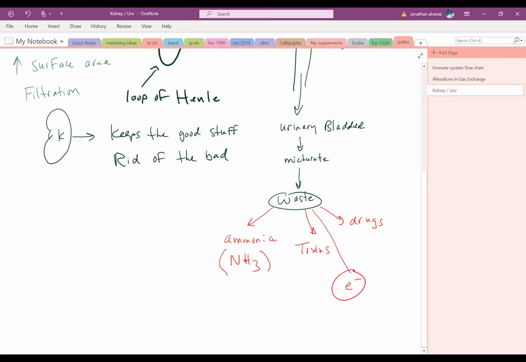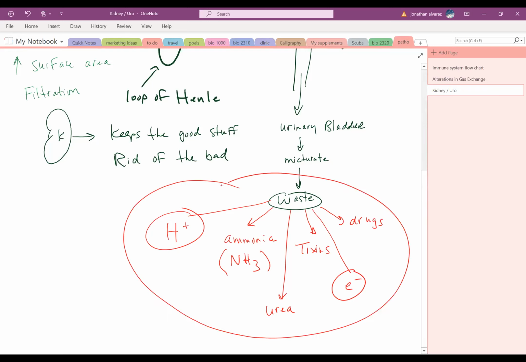This is my shorthand for electrolytes and urea. Okay, not an exhaustive list, and hydrogens. So your body will get rid of this, and you don't want these things to be recirculated into your body. You start to recirculate these things in your body, and you're going to start to create some problems.